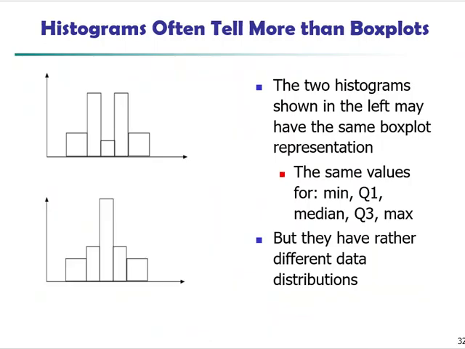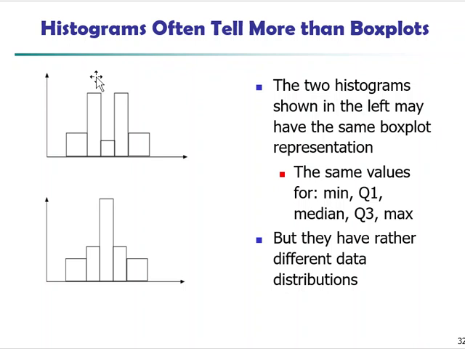Another point on histograms that I want to make is that a histogram offers more than box plots. In the example given here, we can see these two variables have different distributions. We can see that from their histograms. One looks more normal.